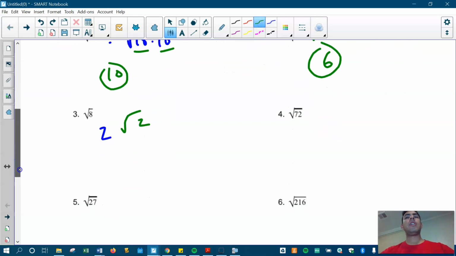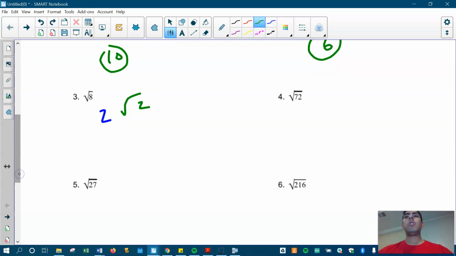And now let's go on to a number that we haven't seen before, number 4. So the square root of 72.